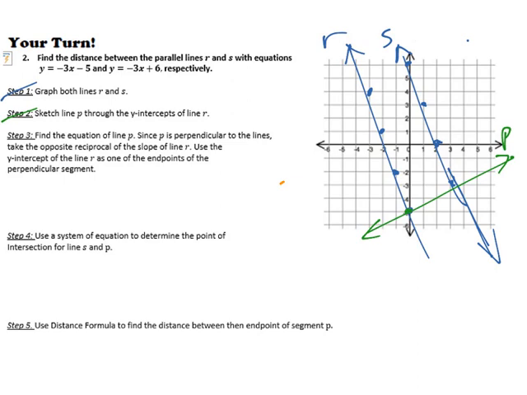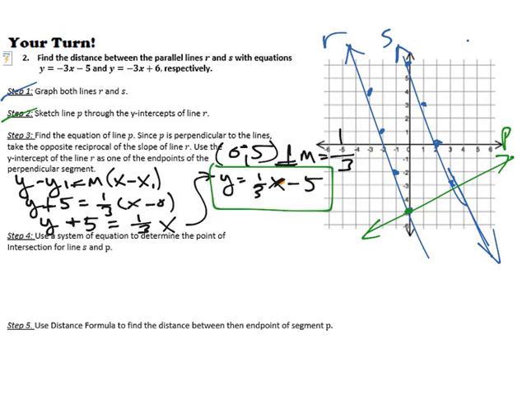Remember, we're taking (0, 5), and the perpendicular slope is equal to 1/3 because the opposite reciprocal of negative 3 is a positive 1/3. Substituting into point-slope form, I get y equals 1/3 x minus 5. And remember, this is line P, that's why I did it in green.